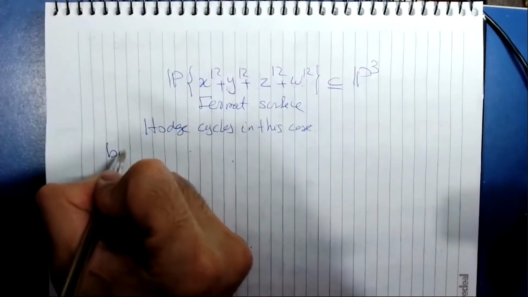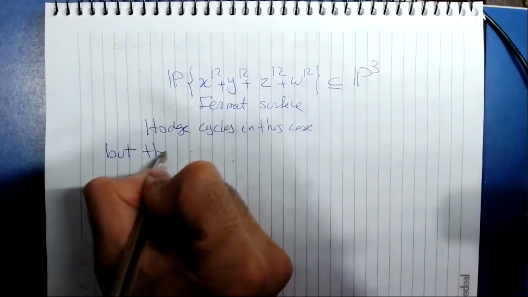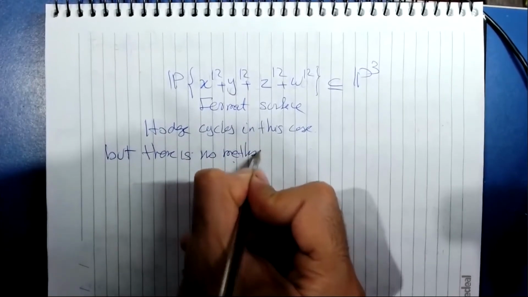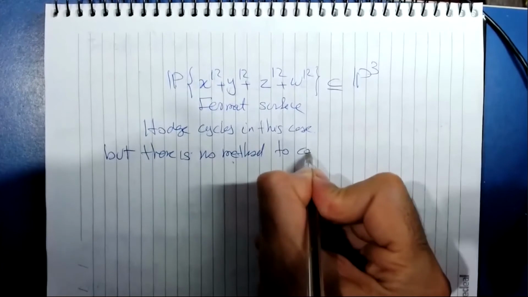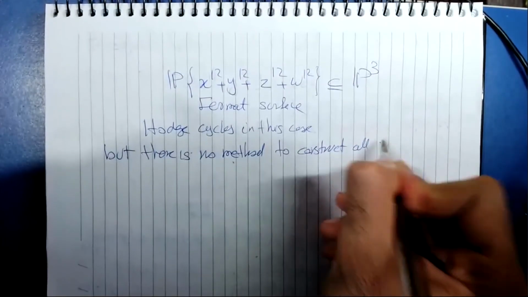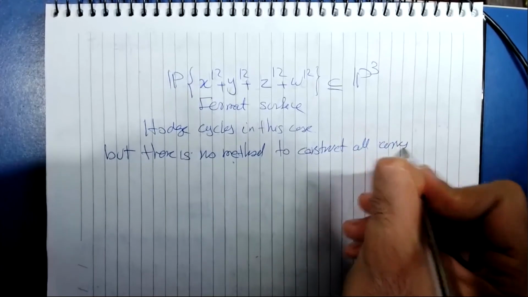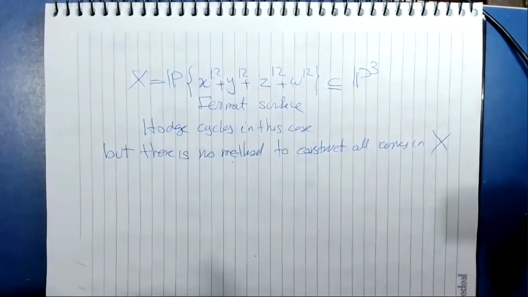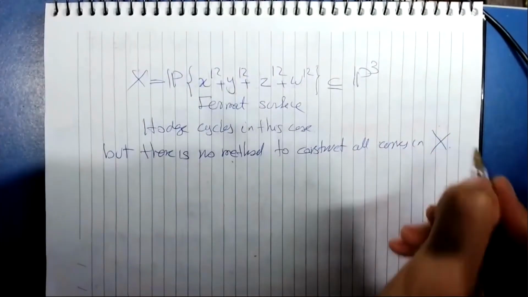but there is no method to construct all curves in this variety which generate the space of Hodge cycles.